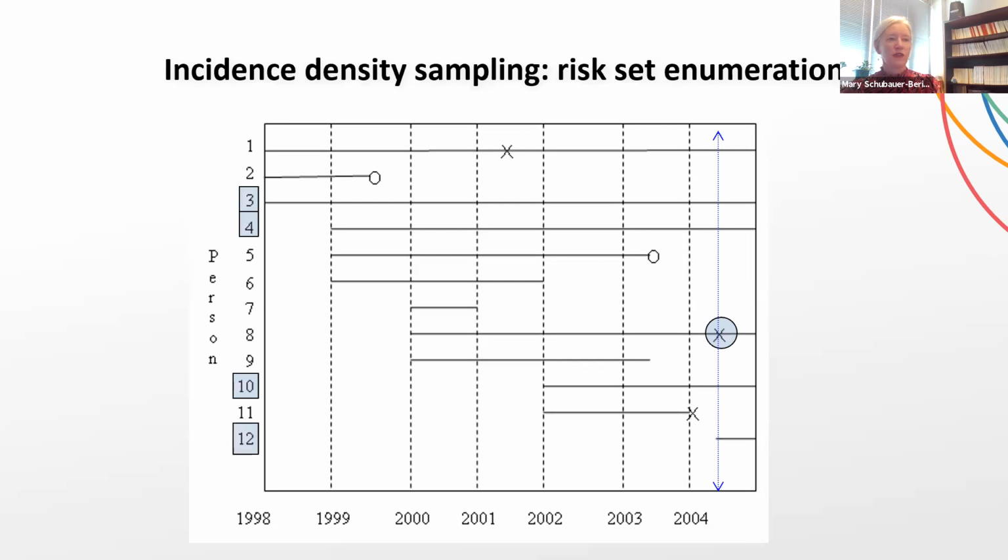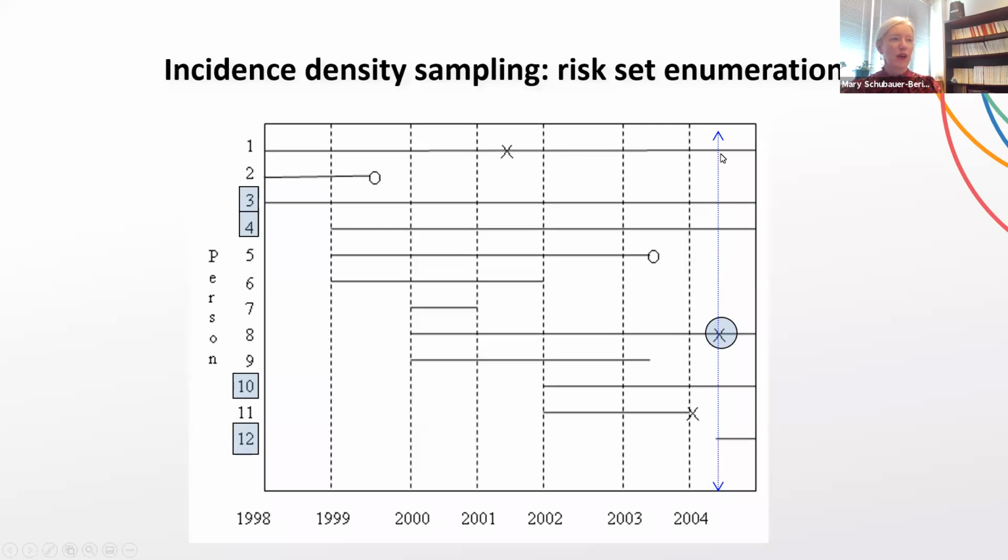Well, what we do is we enumerate risk sets. So for each case, we identify who is in the risk set, what other cohort members are in the risk set. So for the person number 8, who is a case here, the people in the risk set are the people whose person time at risk intersects with that of the case.